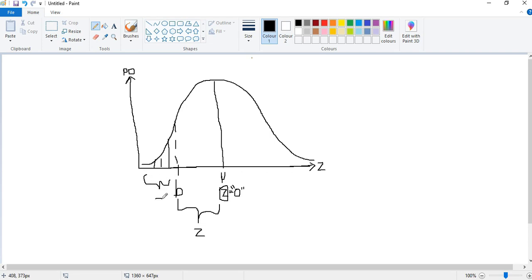Right? So this is 2%, they are saying. The area under the graph is 2%. They are asking for the value of B. Now, how do we usually get the percentage? First of all, let's fill the gaps. This entire half of the curve is 50%. So if this part is 2%, this will be 48%.